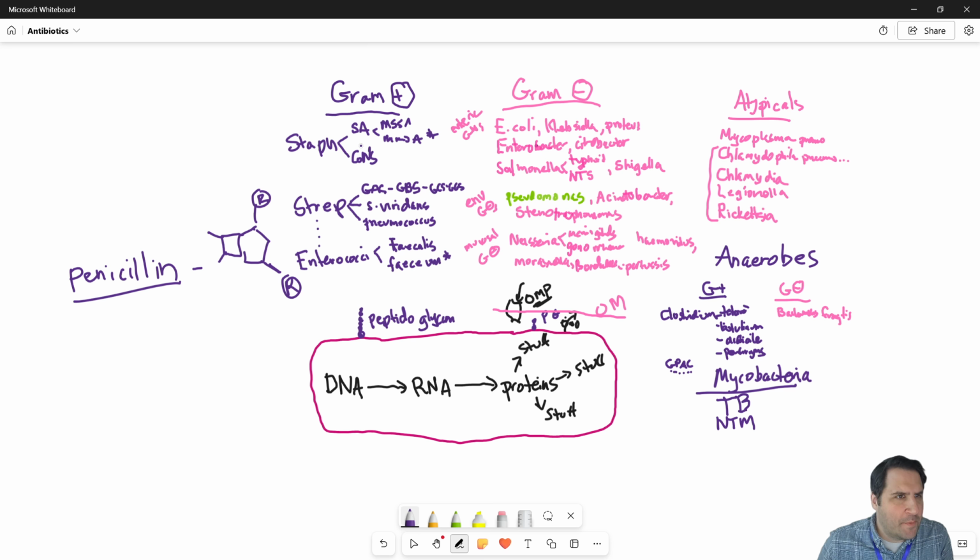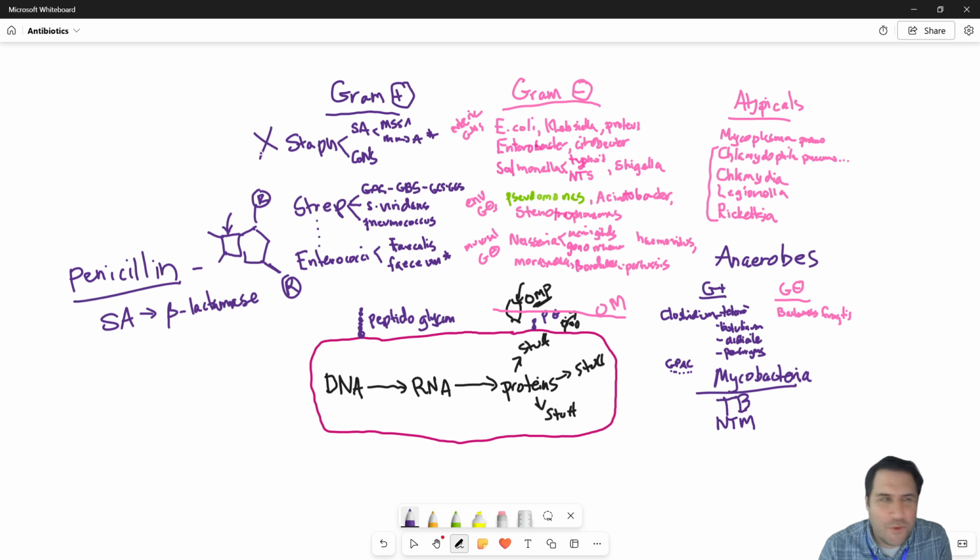So the easy way to deal with this is you just hydrolyze this ring here, and that's the end of it acting like one of the cell wall components that binds to the enzymes and renders them unusable. So we learned that unfortunately MSSA, or Staph aureus in general, the vast majority of which, will now produce a beta-lactamase, which will cut up that ring, rendering it essentially useless for Staph aureus.